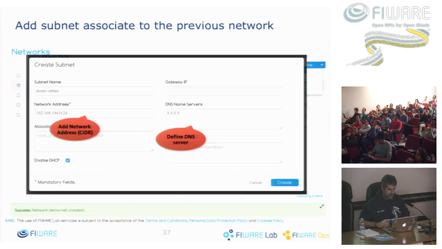When you add a subnet, you will see something like that, in which you need, as mandatory, to put the name of the subnetwork and the network address in the CIDR format. In the next slides I explain in more detail.